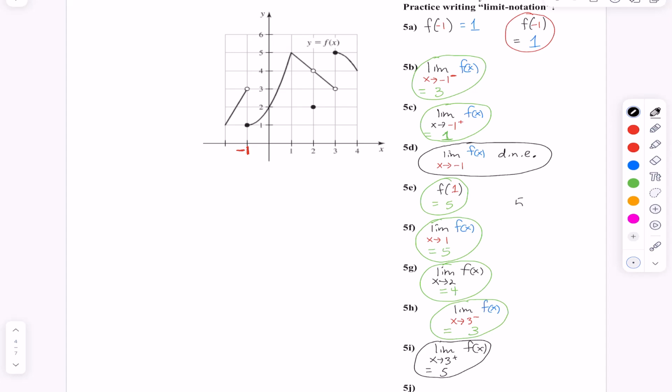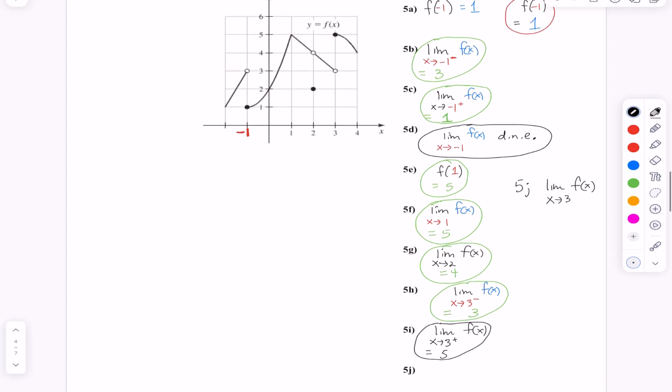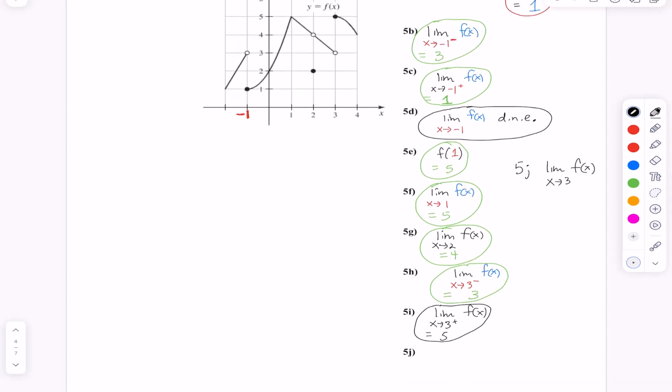I'm going to write the limit of f of x as x approaches 3 from both sides. Where do the corresponding function values go? In this case, if you approach 3 from the left, it's going to 3.